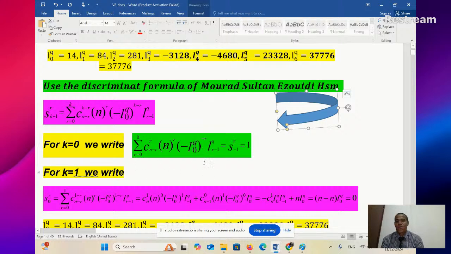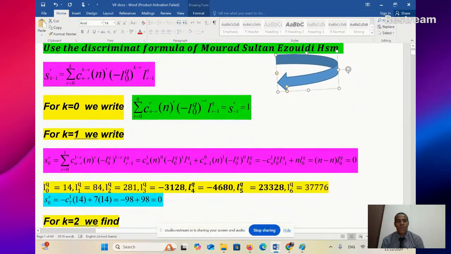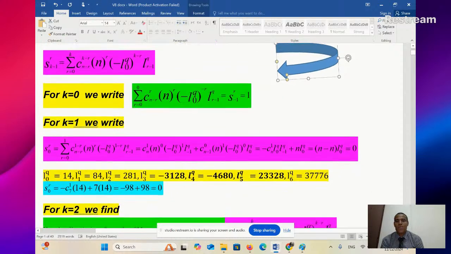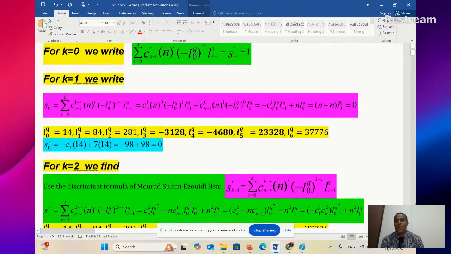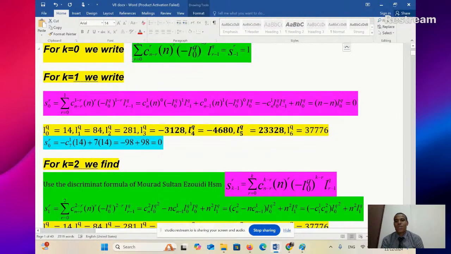Now, learners, as we talked before, we should set k equal 0 in the discriminant formula to find s minus 1, by convention. Now we continue for k equal 1: you set k equal 1 in my discriminant formula and obtain immediately the last one that had been derived, which is minus n times a0 for the two.